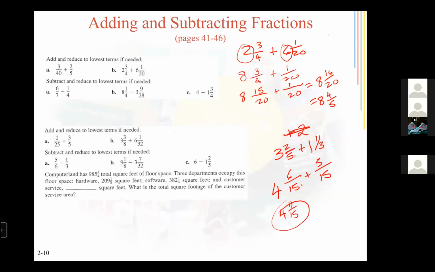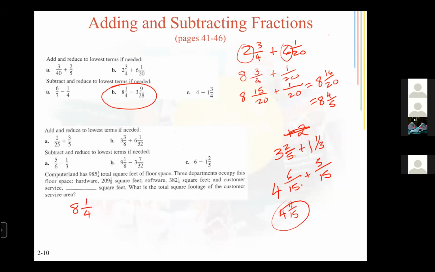All right. Now, when we have to subtract, we basically follow the same steps. So I want us to do this subtraction right here. 8 1/4 minus 3 9 over 28. So we follow the same procedure.